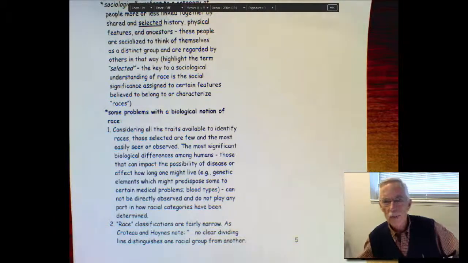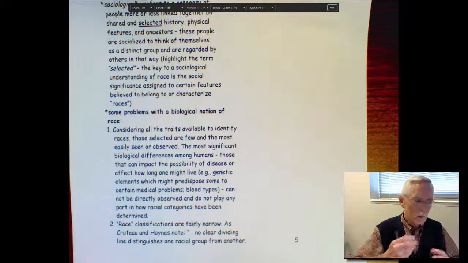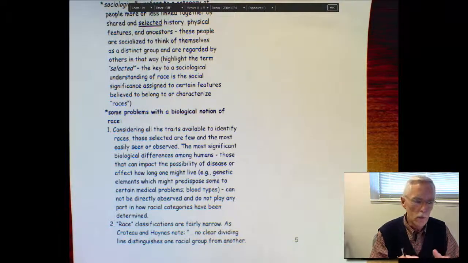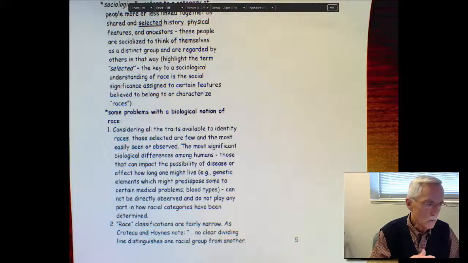Now, going back to what we see here, when you consider all of the traits that could be used to describe race, those that have been employed are more often than not the most visible. Now, researchers will often point out the fact that the most important biological differences among people, that's the ones that are going to impact health, longevity, and susceptibility to illness, are invisible.